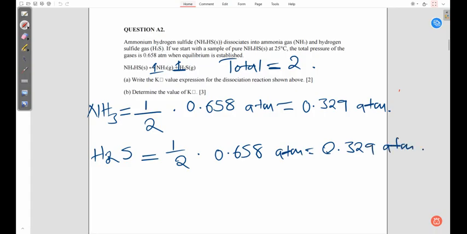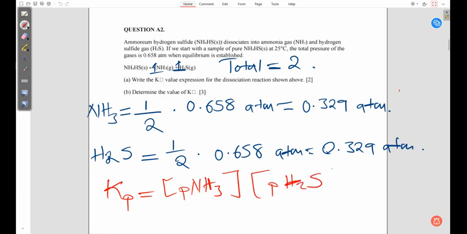Now if you're able to remember, our Kp value in this case is only dependent on these two gases that we have, our products: the pressure of ammonia multiplied by the pressure of hydrogen sulfide. So we'll just substitute 0.329 multiplied by 0.329.